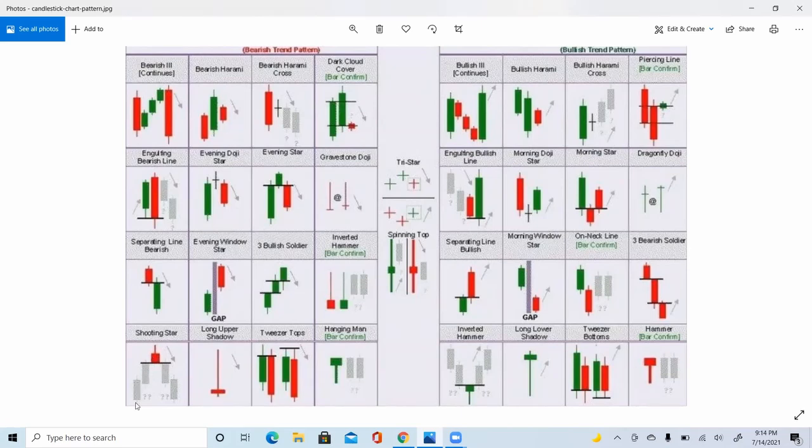The shooting star. Especially when there's two big green candles going into it. What does that indicate? Well, of course, you've got bullish momentum. There was bullish momentum in this area, but at one point, this candle was like a green candle like this.